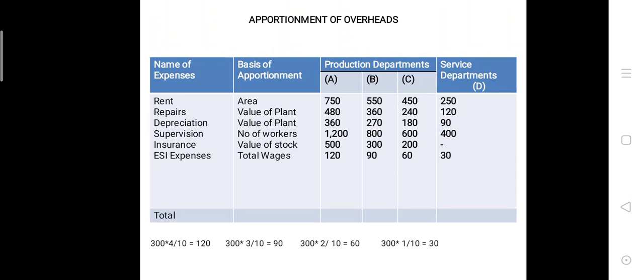If we take the common factor 2 here, the ratio will be 4 is to 3 is to 2 is to 1. ESI total expenditure is 300. 300 multiplied by 4 upon 10, the amount will be 120, and similarly you can find out for the remaining departments, which comes to 90, 60 and 30.